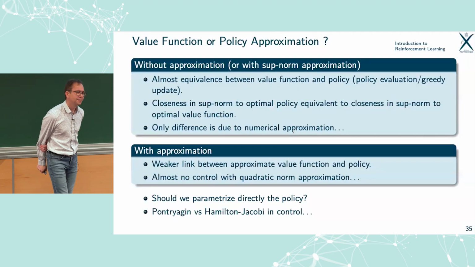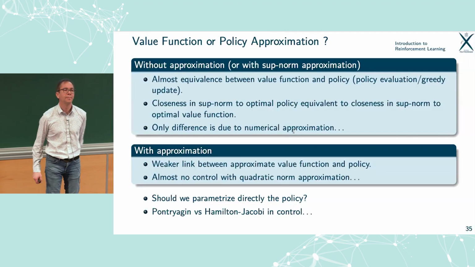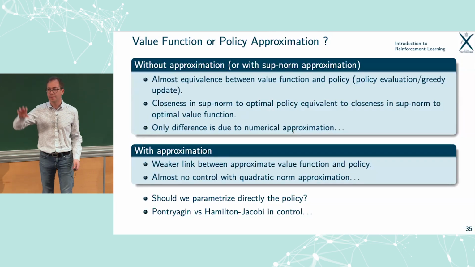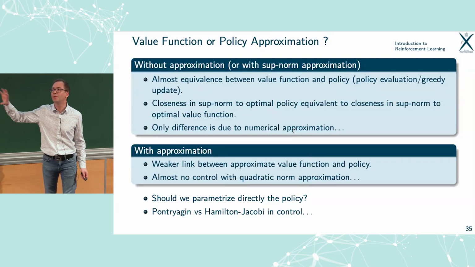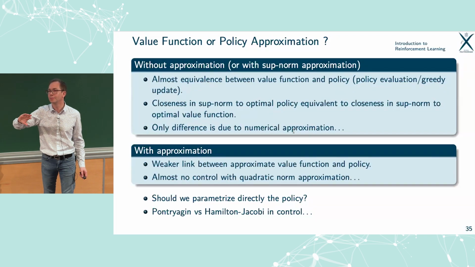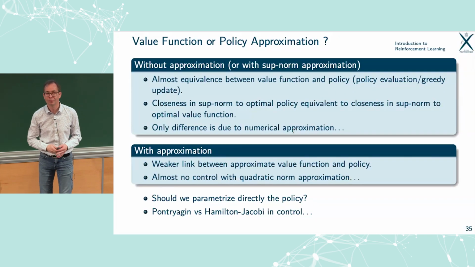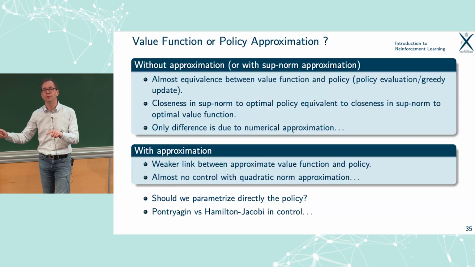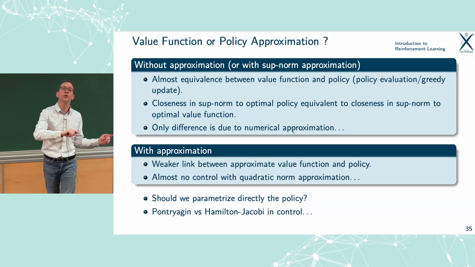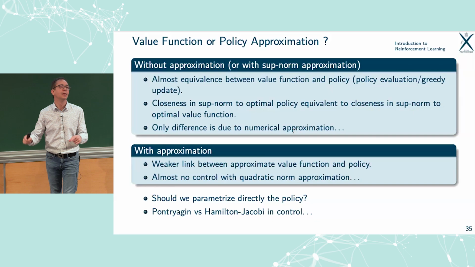That's perfect without approximation because there is an equivalence between this set of value functions and the set of policies. Almost equivalence. So we can move from policy to value function, and an optimal policy is related to the optimal value function.